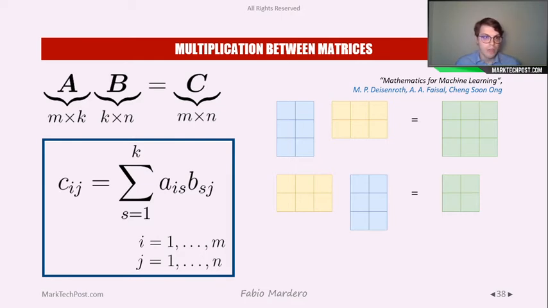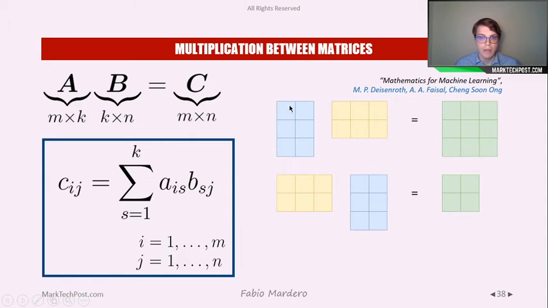Also, if the m and n dimensions allow us to invert the multiplication, so we write B multiplied by A, the C matrix could not have the same dimension as A multiplied by B.